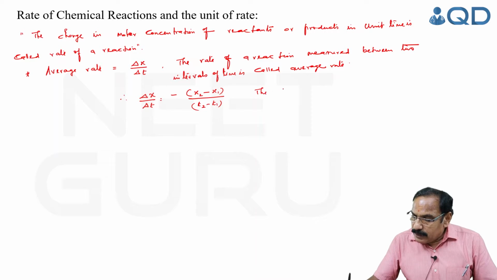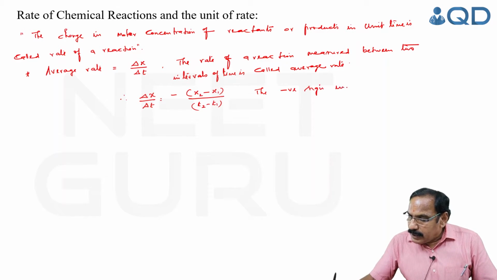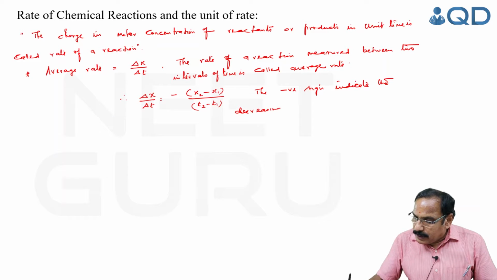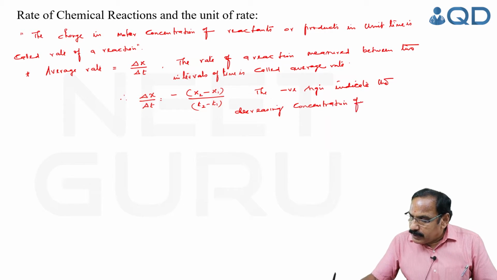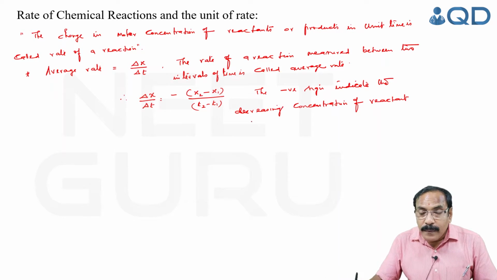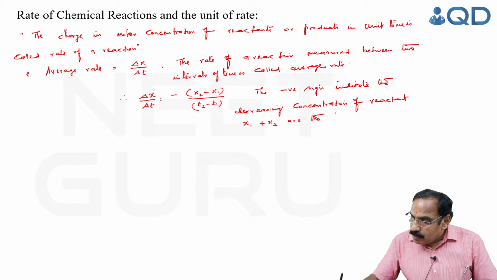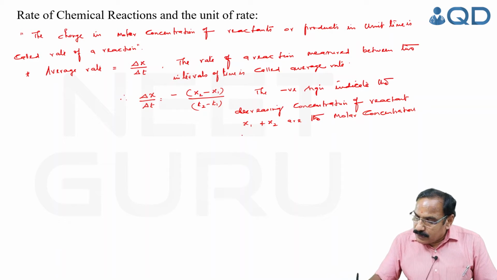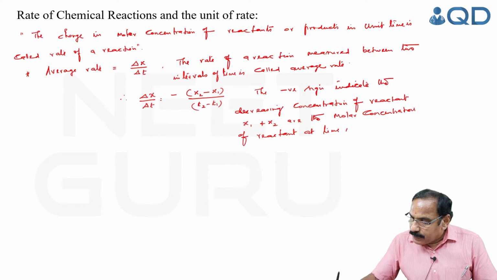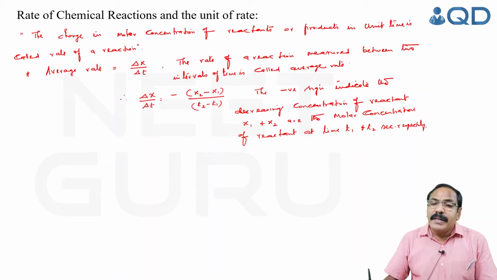The negative sign indicates the decreasing concentration of reactant. x1 and x2 are the molar concentrations of reactant at time t1 and t2 seconds respectively. So you are measuring the rate between two intervals of time.